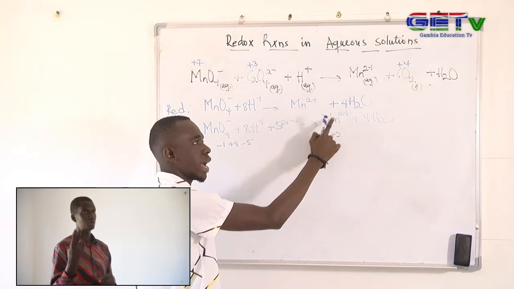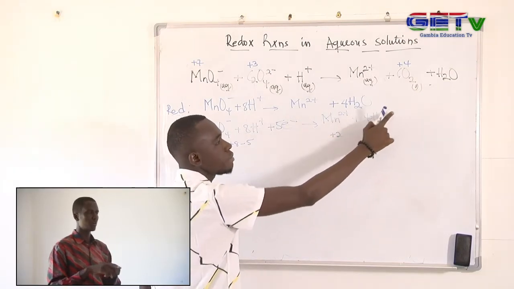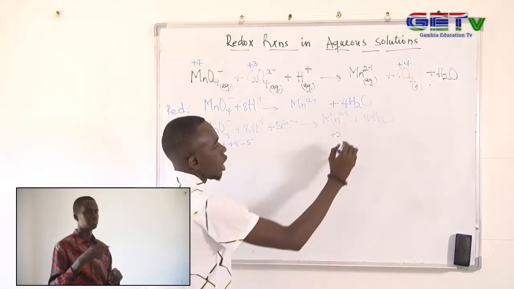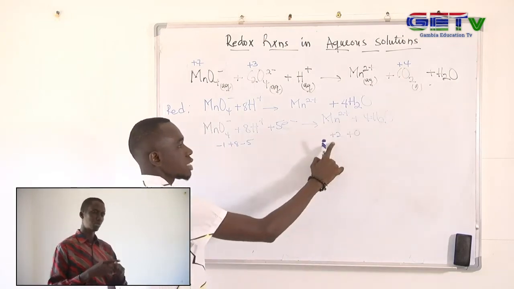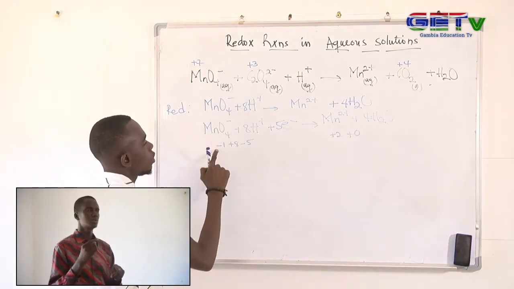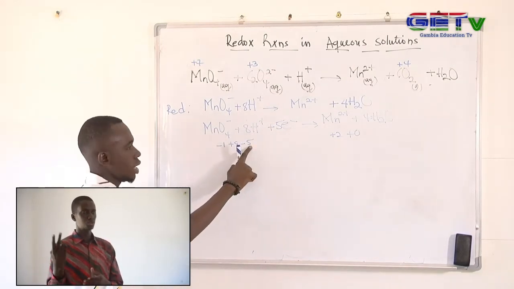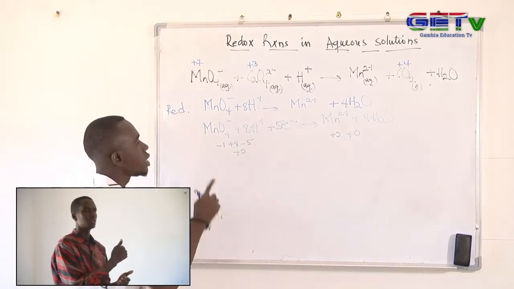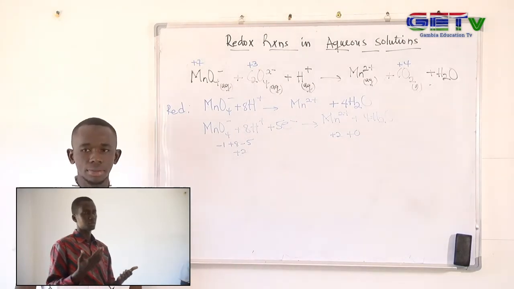So you'll say 1 times 2 plus, and you still have 2 plus. 4 times 0, because this water is neutral, the charge here is 0. Now it's going to be 2 plus 0, which means this side is 2. And on this side, this and this will have minus 6. Minus 6 and plus 8, we will still have plus 2. Which means our reduction half reaction is balanced.